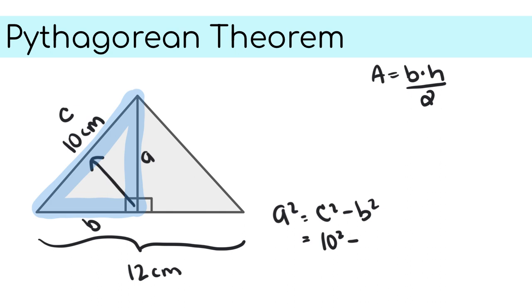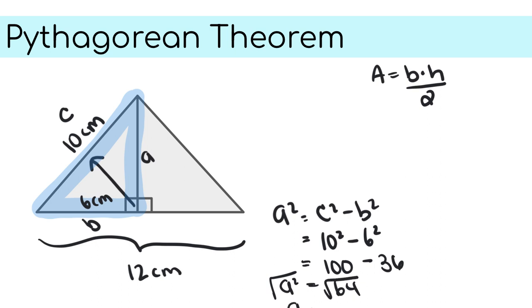So B in this case will actually be 6 centimeters. And that gives us 100 minus 36, which is equal to 64. And remember that's A squared, and so we want to square root to get A, which is equal to 8 centimeters.